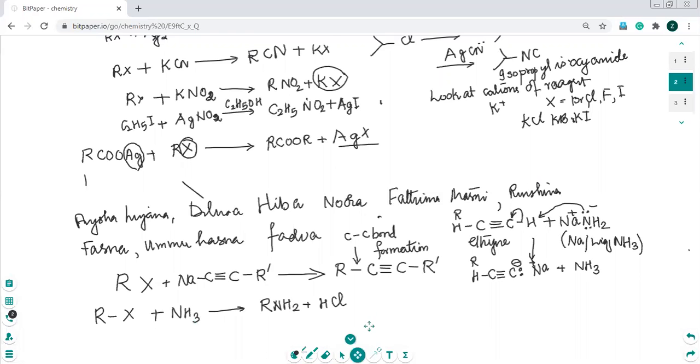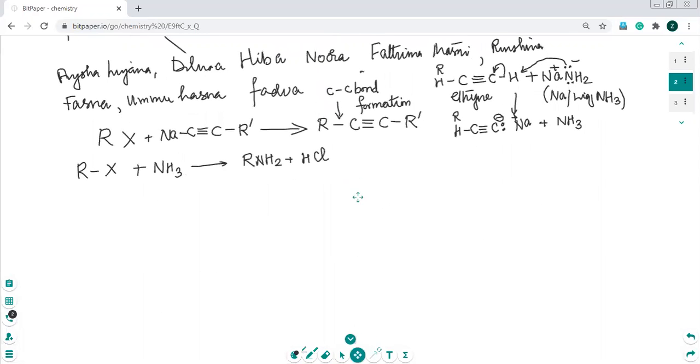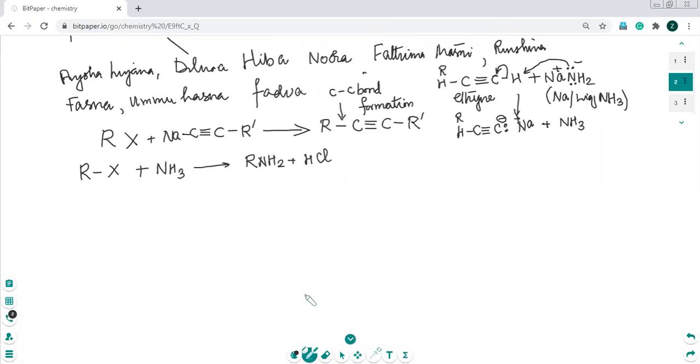Now suppose the reaction mixture contains more amount of RX. Then what will happen? One more hydrogen will be replaced. You will form R2NH plus HCl.